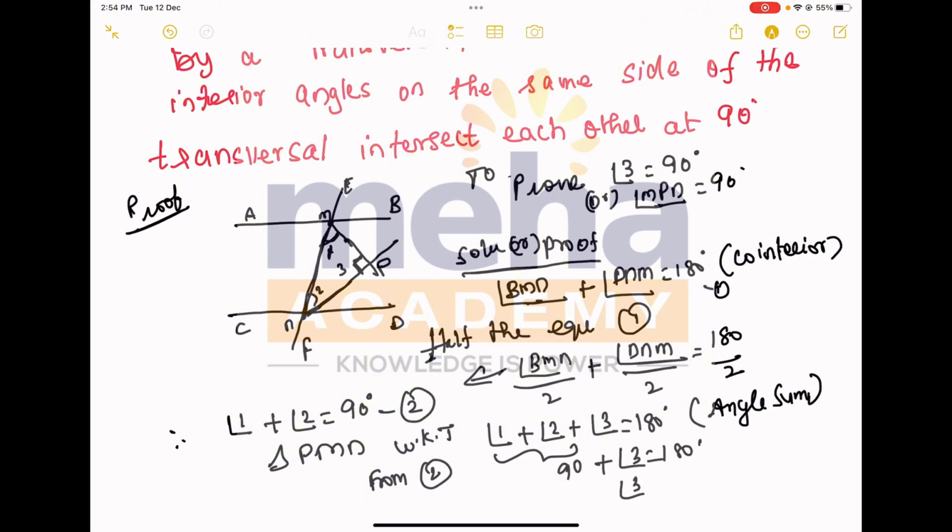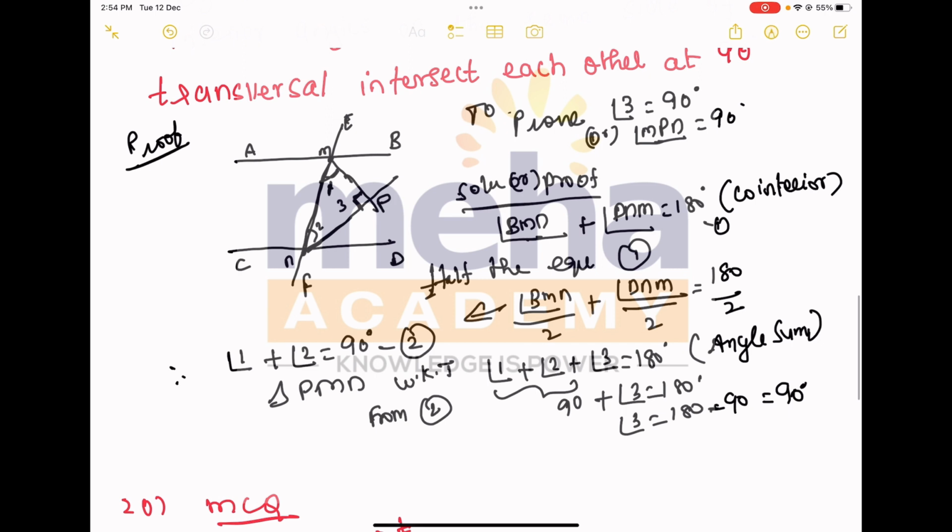So angle 3 is equal to 180 minus 90, that is 90 degrees. Hence angle 3 is equal to 90 degrees, proved. Angle 3 is nothing but angle MPN, which we have proved is 90 degrees.